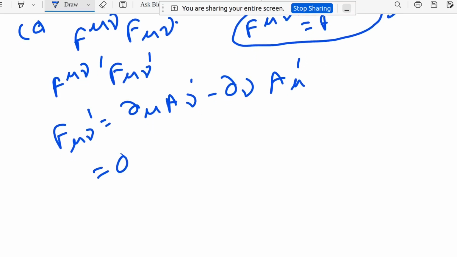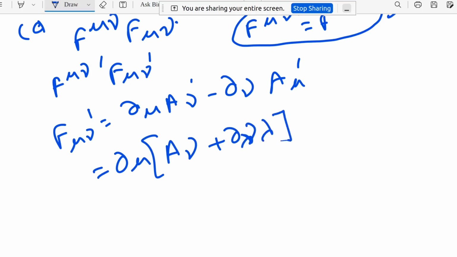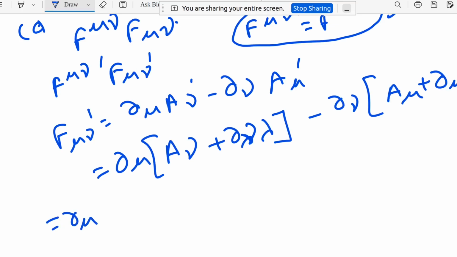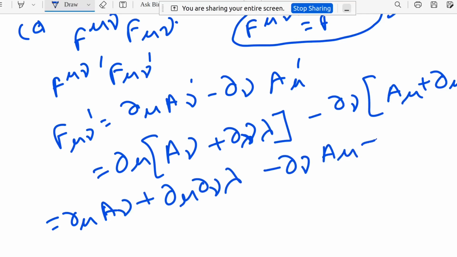Now if I just write here del mu A nu plus del mu del nu lambda, minus del nu A mu plus del nu del mu lambda. So del mu A nu plus del mu del nu lambda minus del nu A mu minus del nu del mu lambda.